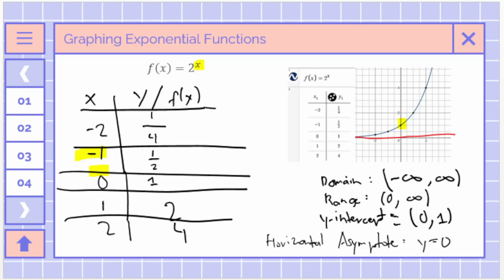Now, as you notice, our graph here increases from left to right because our b, which is the 2, is greater than 1. Therefore, our graph here is an example of exponential growth.